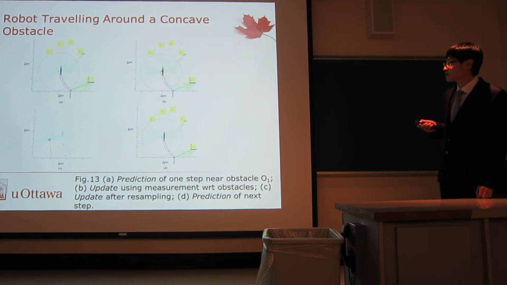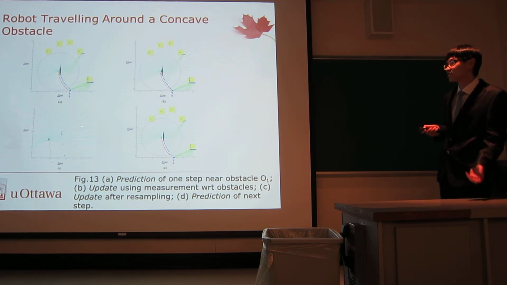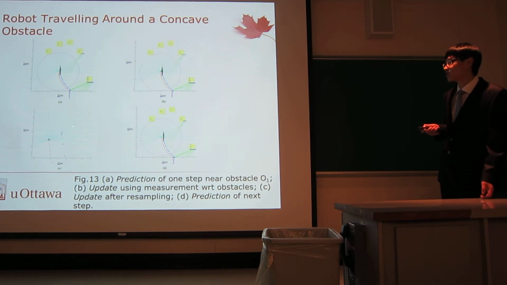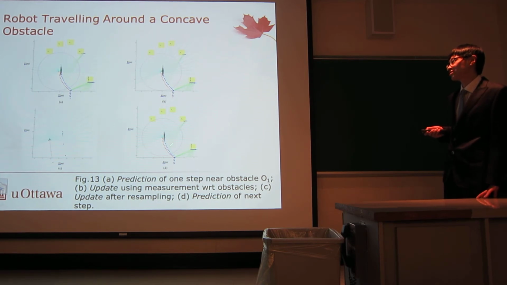We can see in figure B, we have some particles with bigger area, which means bigger weights, and we do the resampling, and we can see the particles with bigger weight exist, and the particles with smaller weights diminish, and that will give us precise results. And for figure D, we can see we just made a prediction of the next robot moving step based on the system equation.